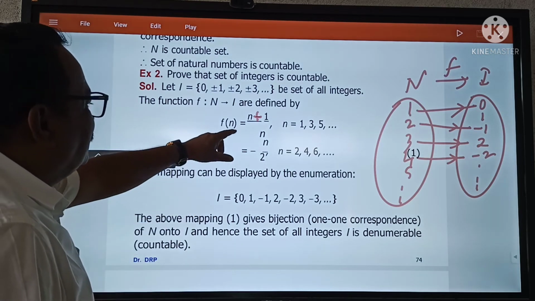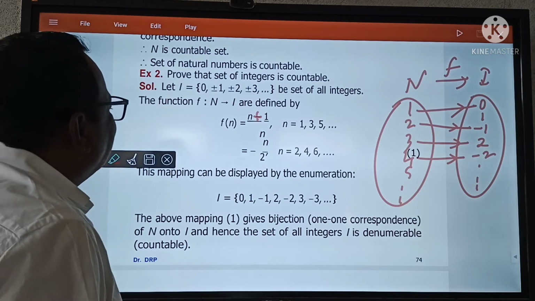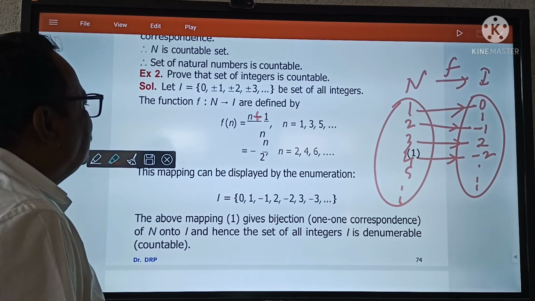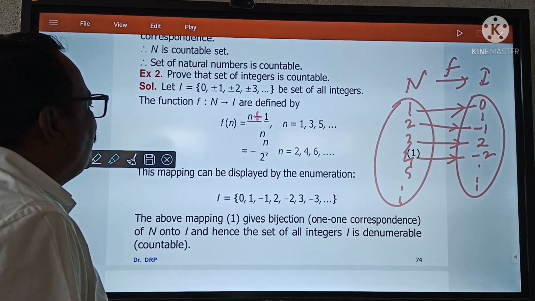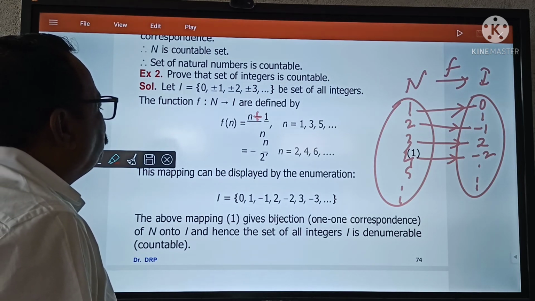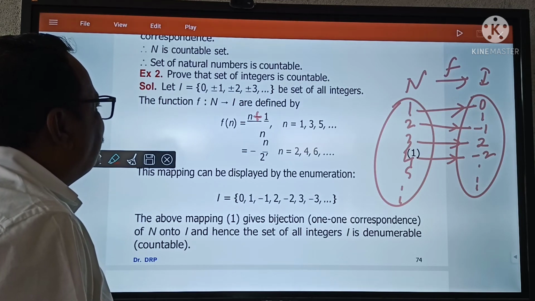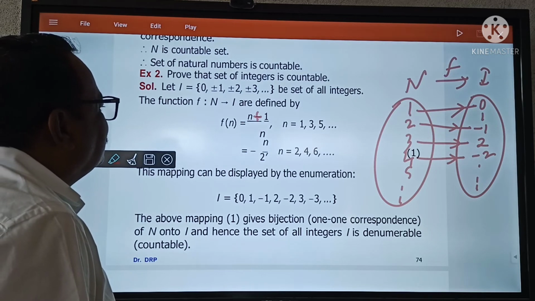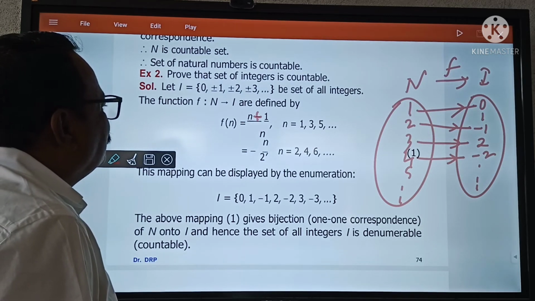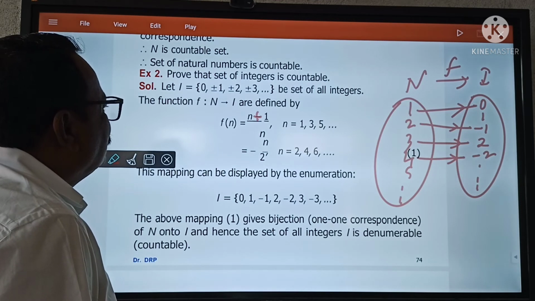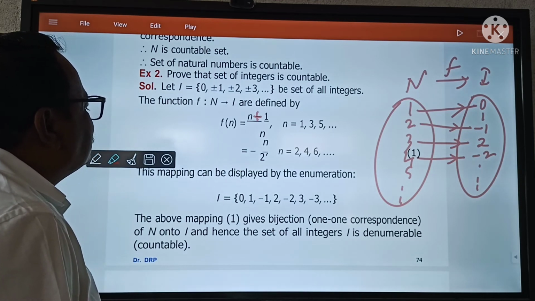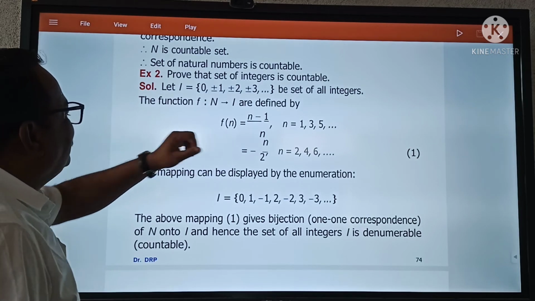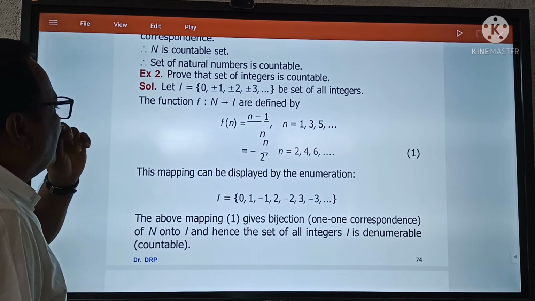I will explain it later. F of n is n minus 1 or n plus 1, for 1, 3, 5 we must get 0. There is some problem, so I will explain it later. The formula was wrongly written.